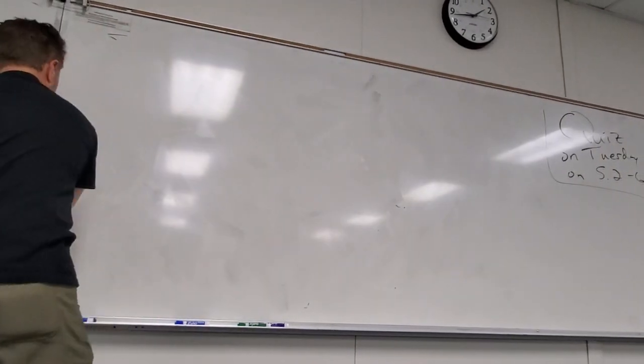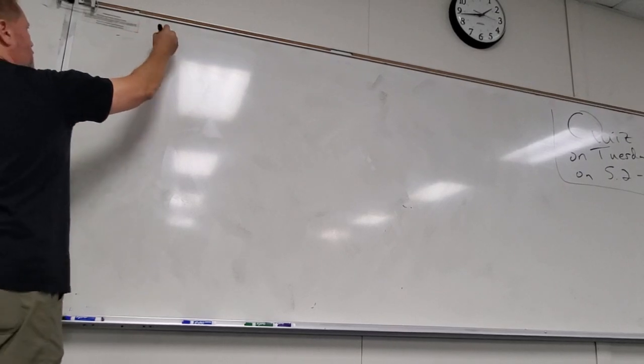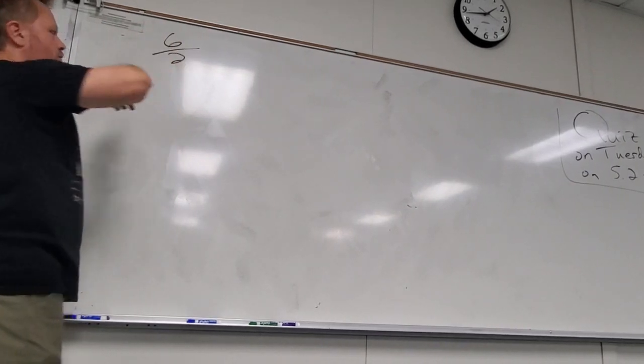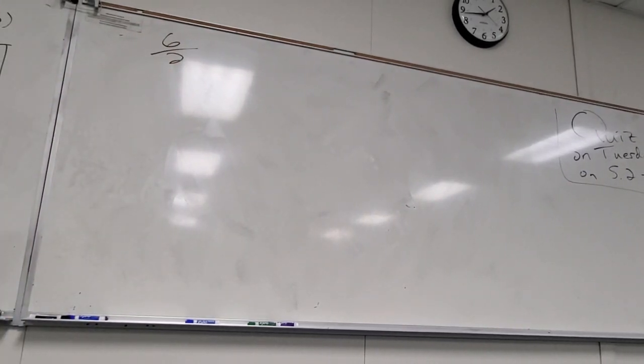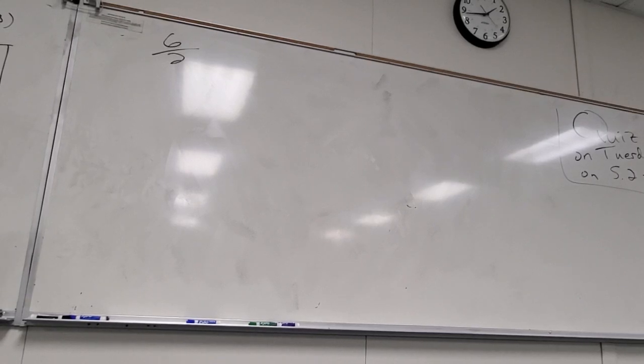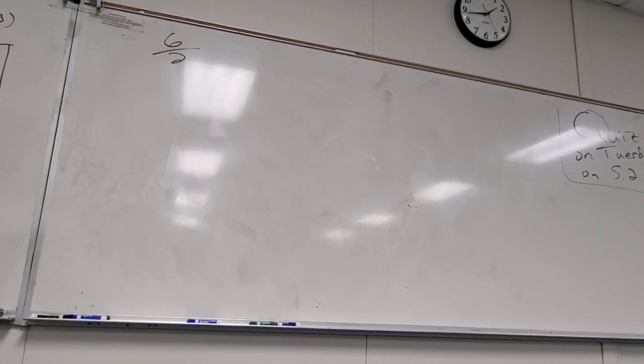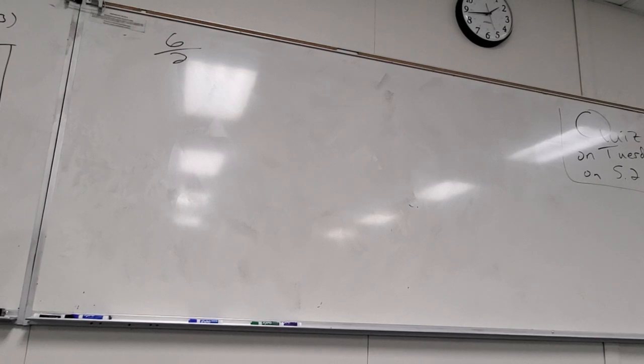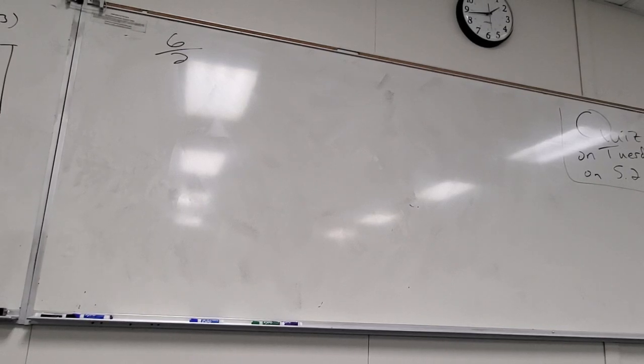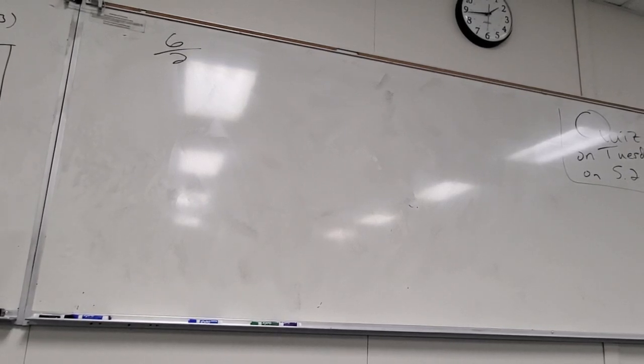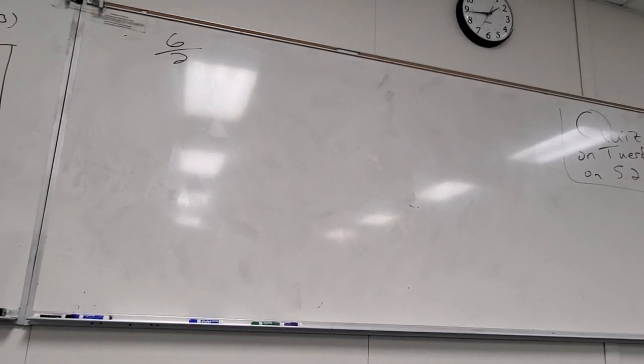Let's look at this one more time. We looked at this one way, which was that's the number that it takes 2 of to add to be 6, correct? Another way to look at this is how many 2's fit into 6, right?